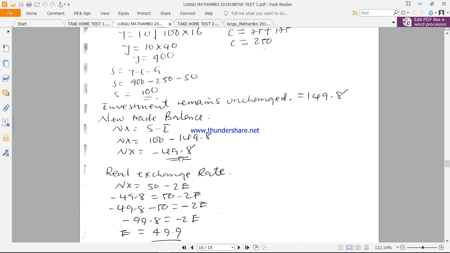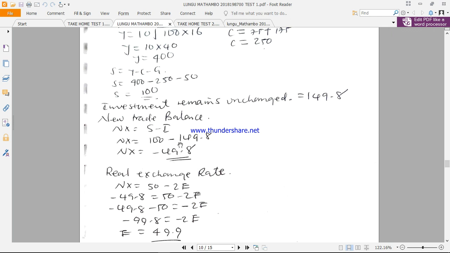You remember where the deficit is coming from. If a country produces an output that is less than domestic consumption, we must expect to borrow more, so as to compensate for that reduced output level. That is why we are borrowing now. We are running a deficit of 49.8.